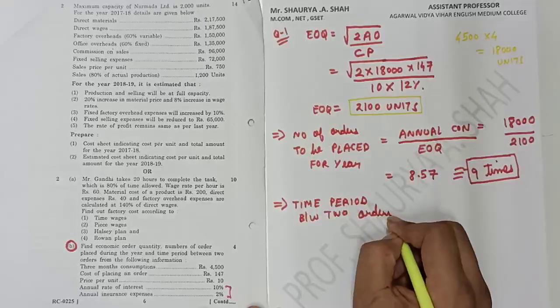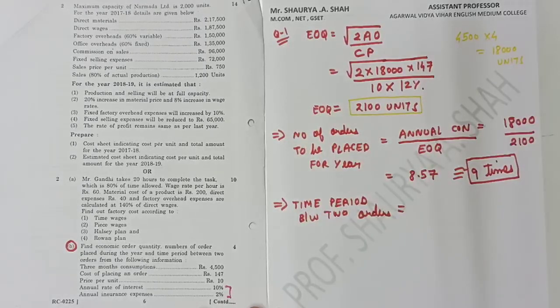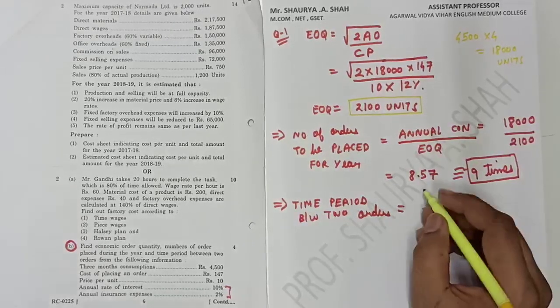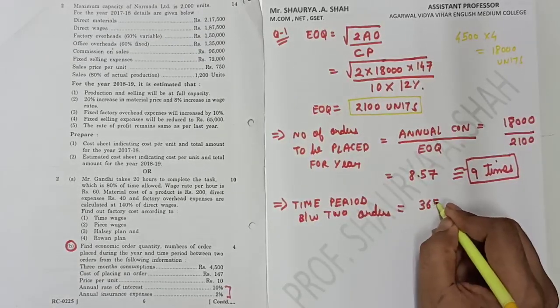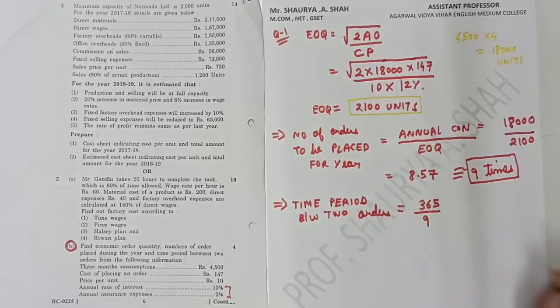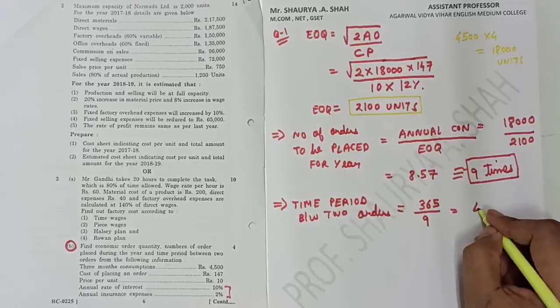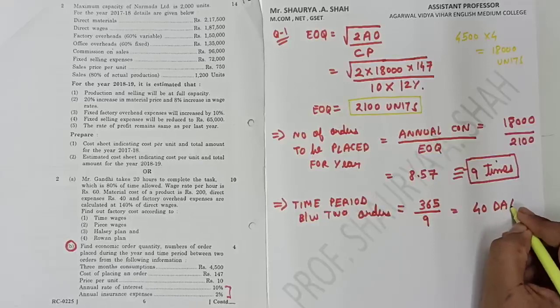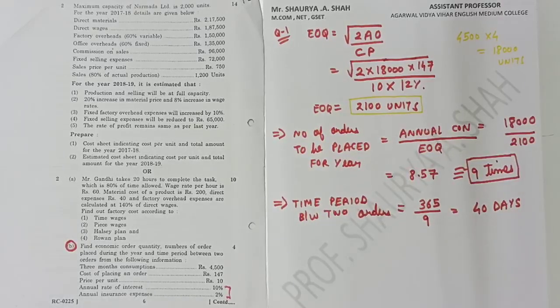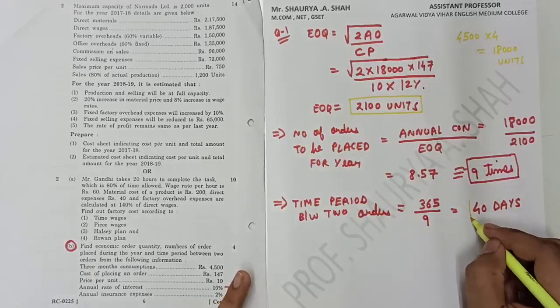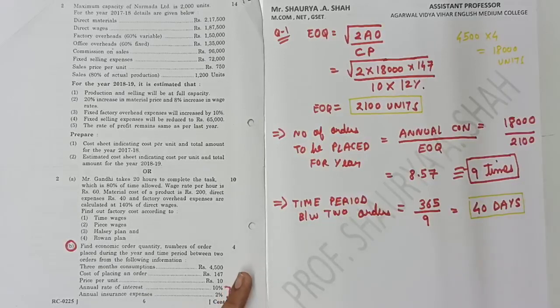So how can I find out? In the entire year, I am placing 9 orders. So the entire year of 365 days divided by 9 times gives the answer of 40 days. I suppose it is clear to every student.